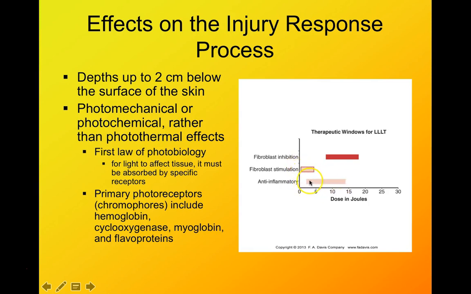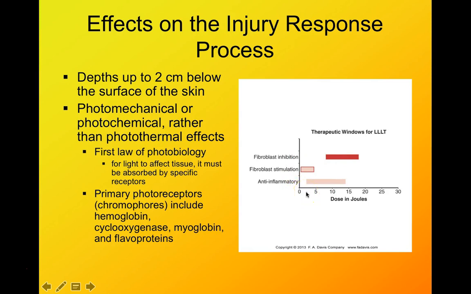And then somewhere in here, studies have also shown other anti-inflammatory effects. So for the most part, when we're in the early stages of our tissue healing, we want fibroblasts there, right, to be building tissue. So we'd want to be in these areas. Now, if we're getting scar tissue laid down that's inappropriate or other things, we might actually target something up here. So we just have to balance that within our dosages.